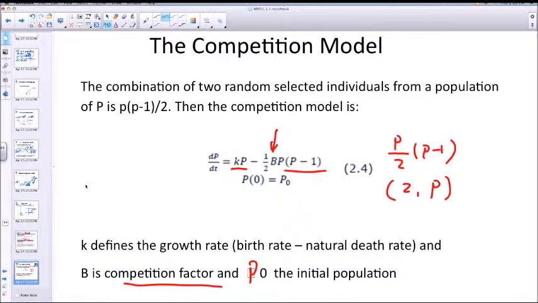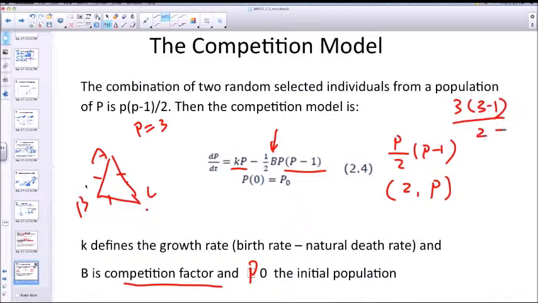Now, let me give you a simple example. P equals 3, and then A, B, C, you've got 3 different choices. A competes with B, B with C, C with A. Then you have 3 times (3 minus 1) over 2, which equals 3. But if you get a fourth, D, you add another 3.